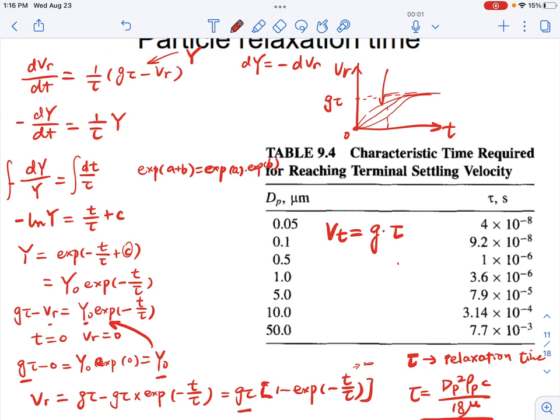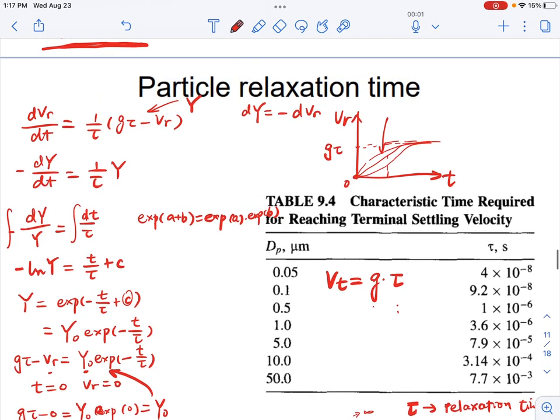So now things are getting connected. Basically, in a gravitational field, you know the gravitational acceleration, and the settling or terminal velocity of the particle is just the relaxation time of the particle multiplied by the acceleration. So it's getting more simplified.